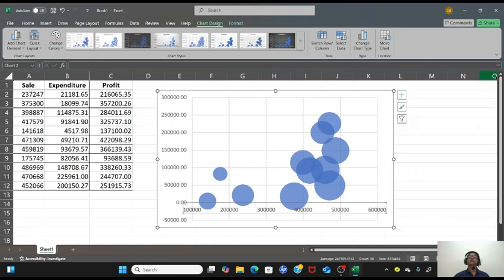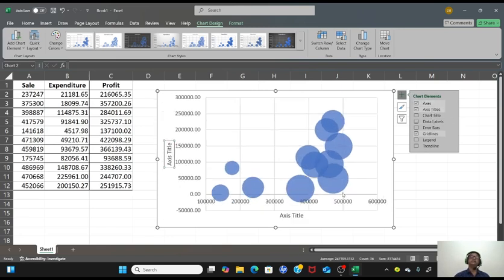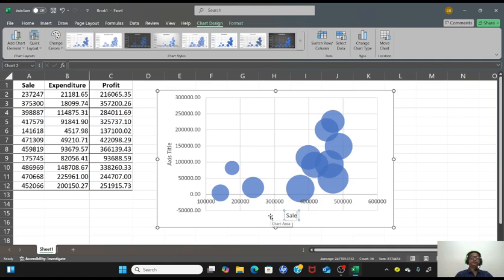Now let me introduce an x-axis title and y-axis title, because so many variables are there. It has shown some negative values also because one of the bubbles is coming out. Now we'll understand what this bubble is. First, along the x-axis, what is represented? Sale is represented. So I can have here sale in rupees.